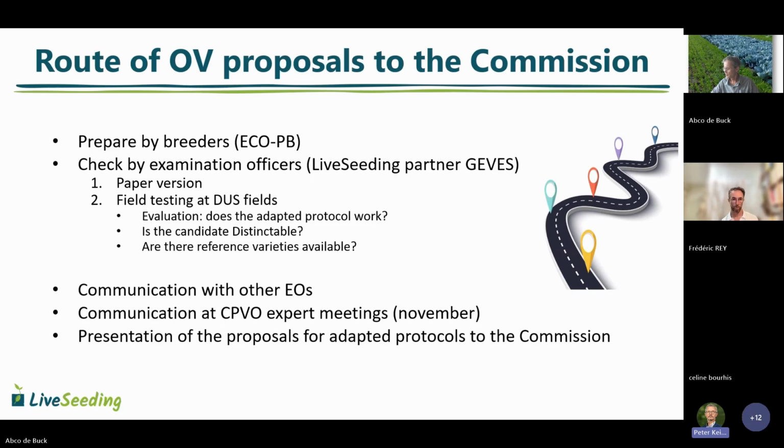distinguishable, recognizable. But it does matter when it comes to uniformity, and especially when you have an adapted protocol for DUS for organic, then one of the characteristics is not as uniform as in standard conventional. And then it might be interesting to have reference varieties.